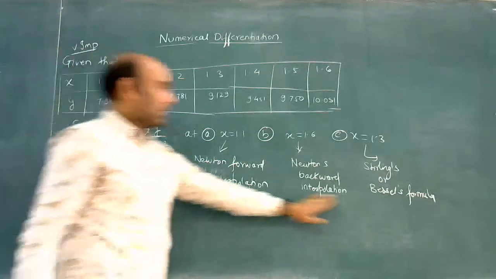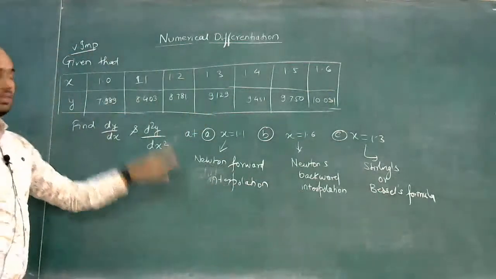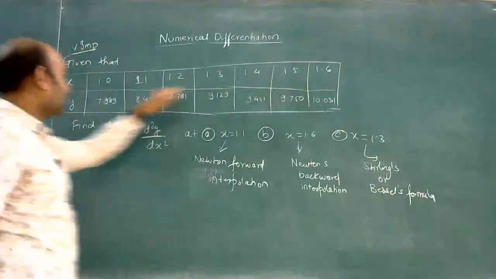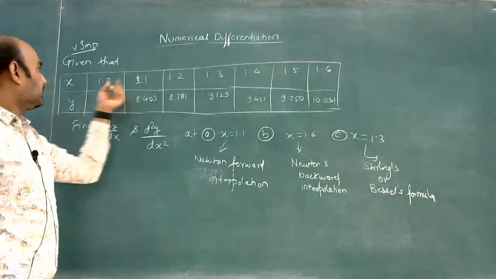These formulas are applicable for evenly spaced values of x, when equal interval is given. So here the value of h is the same.